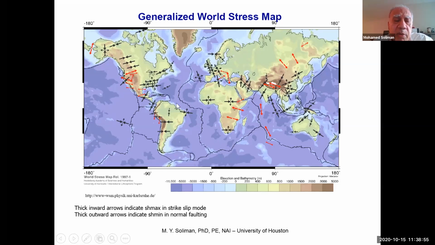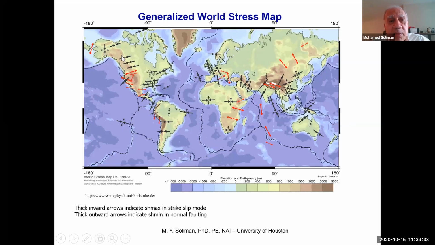So here, what they did in Karlsruhe, they were trying to find stresses. For example, in an area like South Africa, these thick arrows are an indication of a strike-slip situation, when you have arrows going into one another like that. If they are going away from one another, like these red arrows, that tells me I have normal stresses. I usually give students homework to download a map of their area.